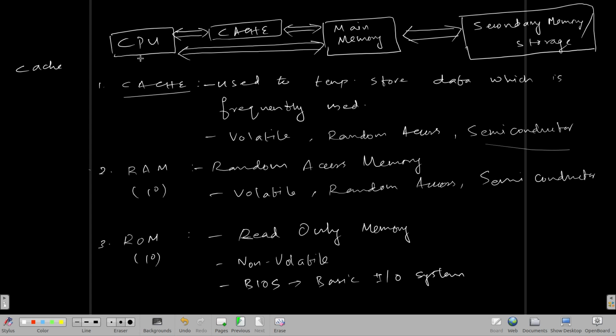Those instructions are required to start the system. Like I mentioned, if you need to run some software, whether it is system software like an operating system, it has to be taken from the secondary memory and loaded into the main memory, and some part has to be loaded into the cache memory. These things have to be done initially. Only once the operating system is loaded into the main memory can it run and start doing things. That process is called booting, and it is done using ROM. That is the significance of ROM.